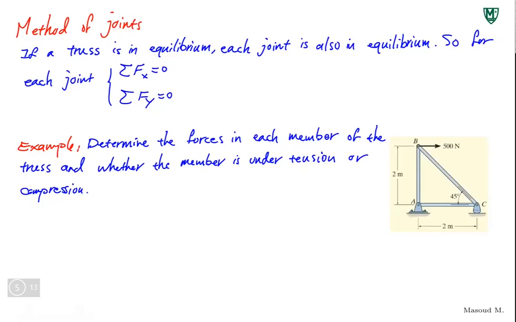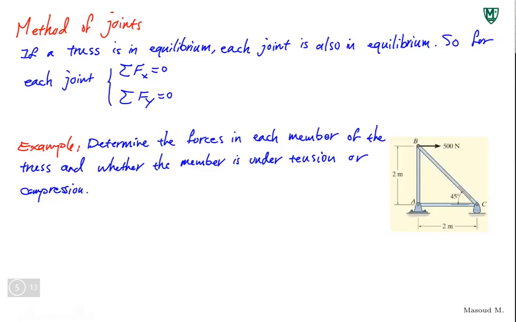Now, I have to give you 2 rules of thumb that are going to help you when you want to use the method of joints. The approach is that we focus on one joint. We isolate that joint. We draw the free body diagram for that joint. The free body diagram for each joint includes external forces applied to that joint and internal forces.